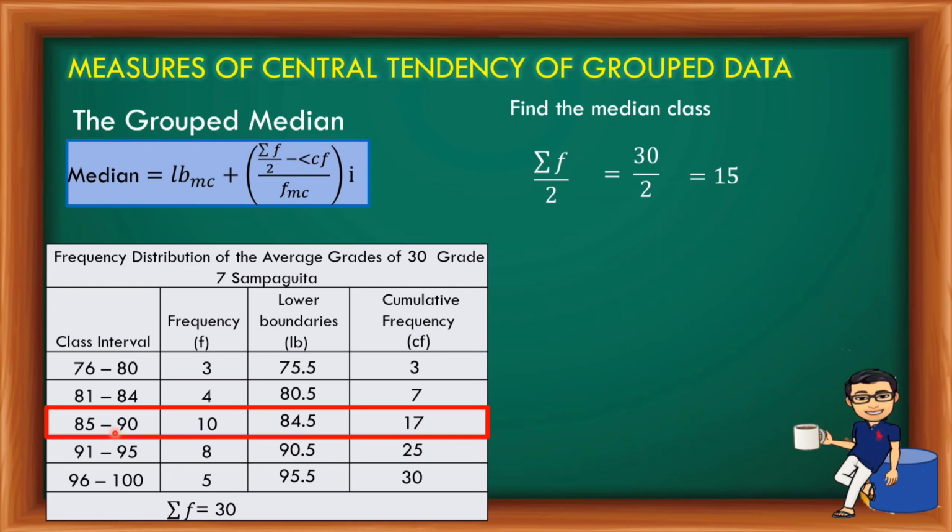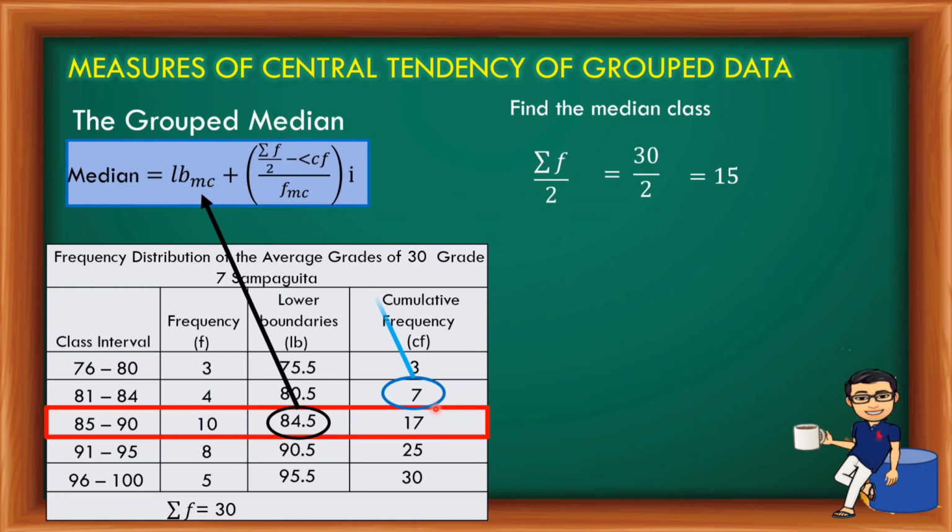So, dahil nakuha na natin ang median class, pwede na natin kunin yung mga part ng ating formula na kailangan. Katulad ng lower boundary of the median class, at pwede na rin natin kunin tong frequency of the median class. Kasi nga, ang median class natin ay 85 to 90. So, ngayon, yung 84.5, ito yung tinatawag na lower boundary of the median class.